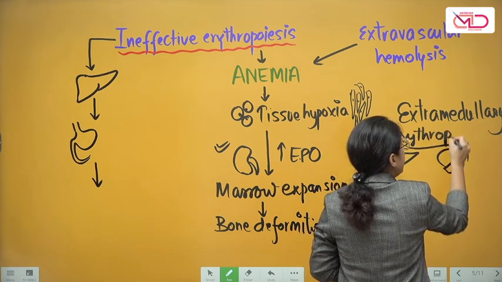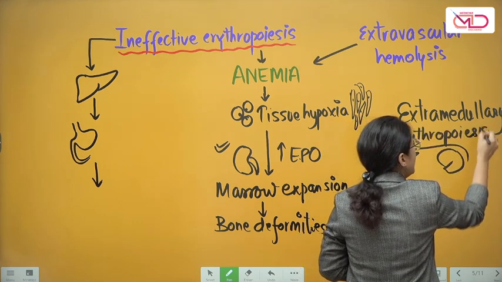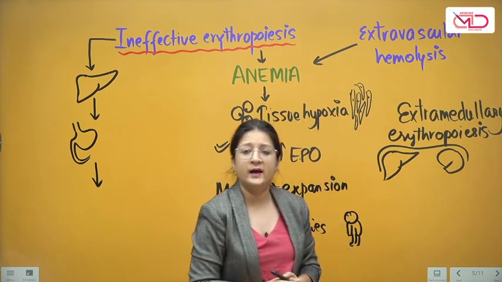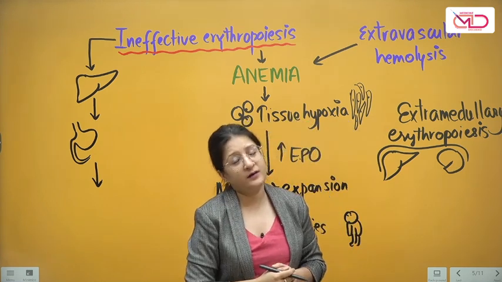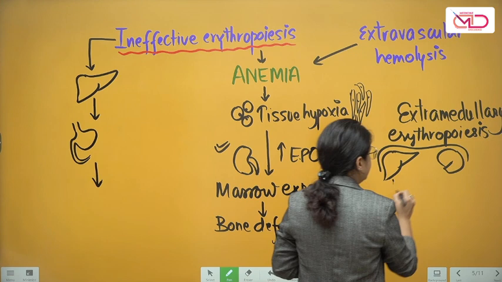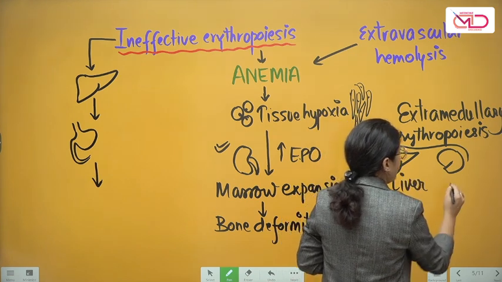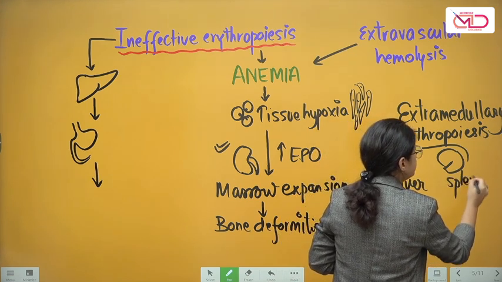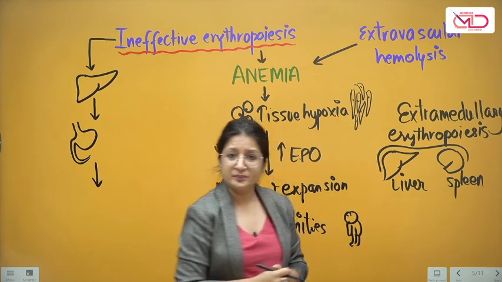Now, other sites have also come to help the bone marrow in increasing the red blood cell production, like the liver, like the spleen, right?